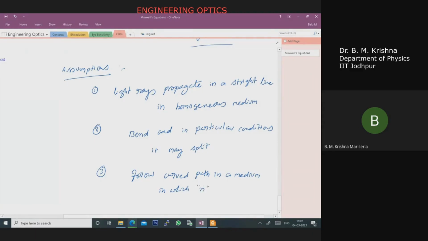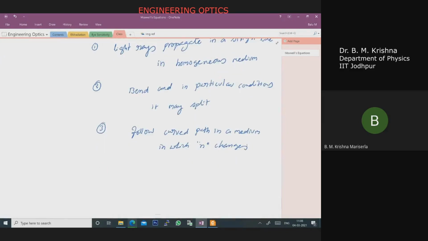The refractive index, represented as n, changes. So depending upon the refractive index in the medium, the path of the beam or ray will change, and it can make curved paths.